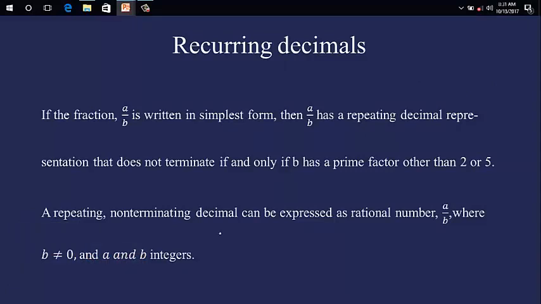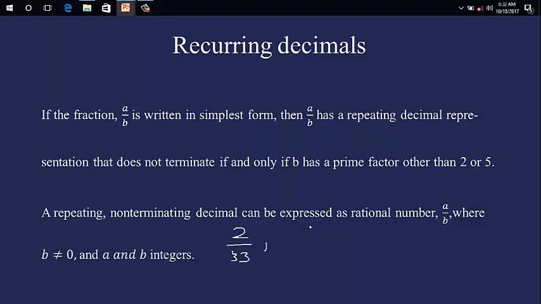If we have a fraction, let's say 2 over 33, we are saying that because 33 has prime factors other than 2 or 5, this is going to repeat without terminating. 2 over 33 will give you a repeating and non-terminating decimal.